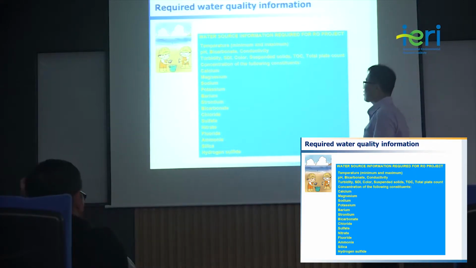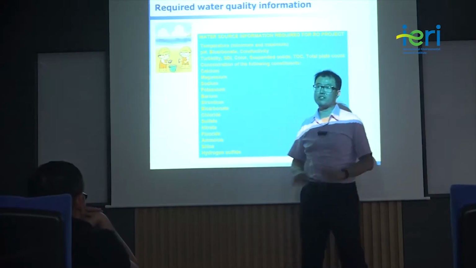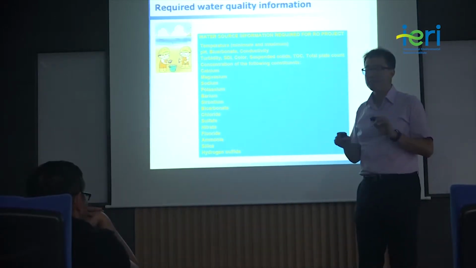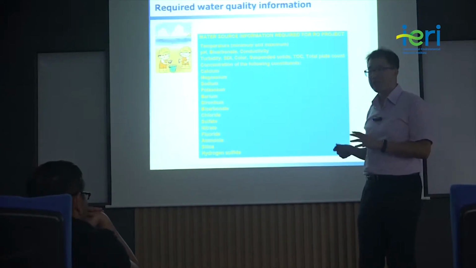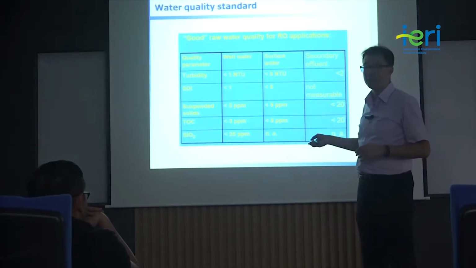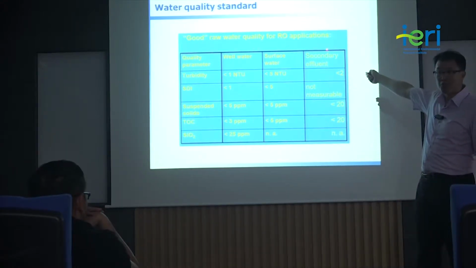Okay. The actual concentration of these ionic components is not that important for knowing whether the water quality is good or not. This figure is more relevant. So, good quality for reverse osmosis.